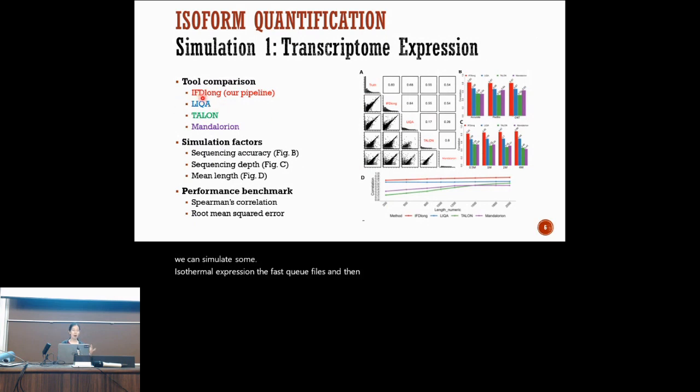Then we applied our tool, the IFD long pipeline, as well as 3 other popular tools to do the isoform quantification. As shown in this figure, we show all the pairwise comparisons. Because this is simulation data, we know the truth, so we can check the scatter plots showing their pairwise correlation. We can also check their Spearman's correlation with the truth. And ultimately, our tool and also LIQA both show good performance.